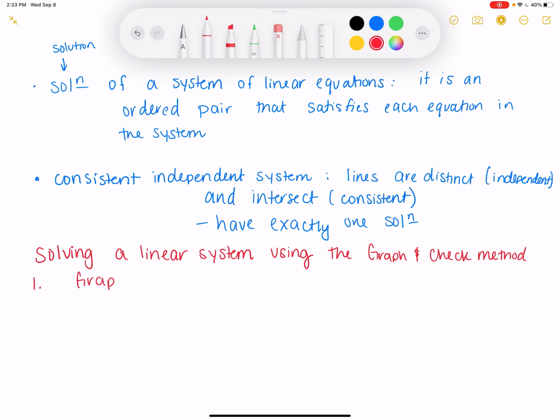Graph both lines. Or I should say equations. On the same coordinate plane. So all of them on the same graph. Both lines. Don't graph them on two separate things. That won't help you.